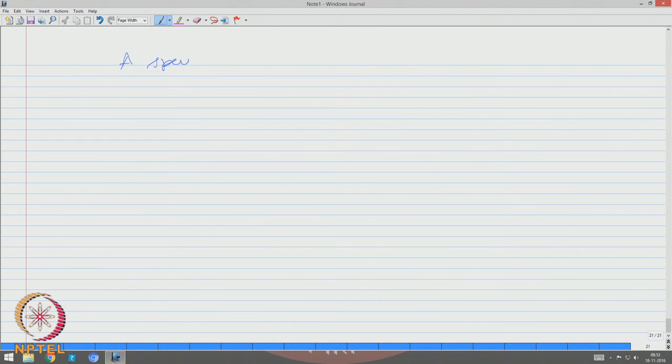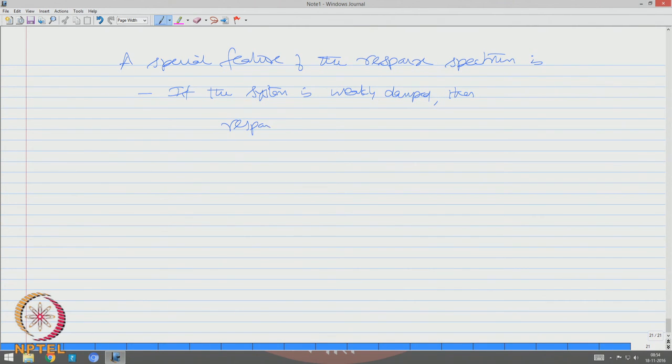One of the special features of the response spectrum is, if the system is weakly damped, then the response spectrum will be narrow banded.